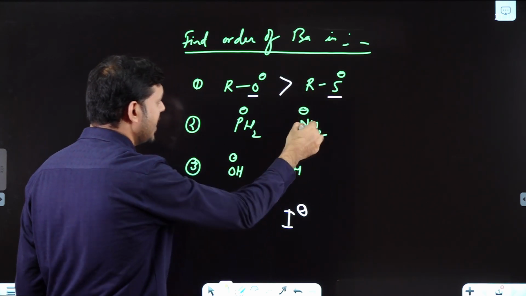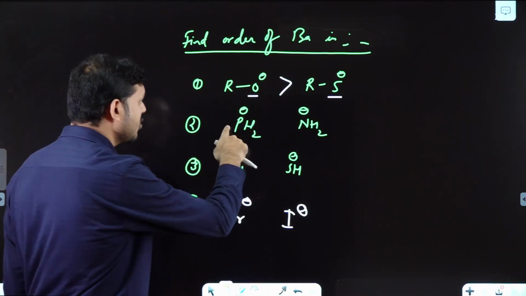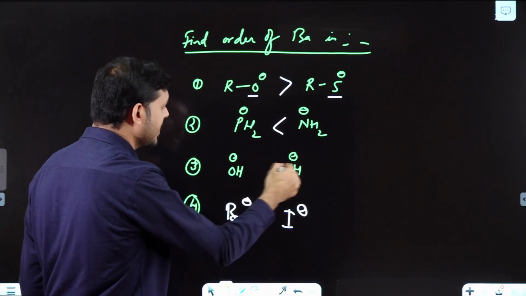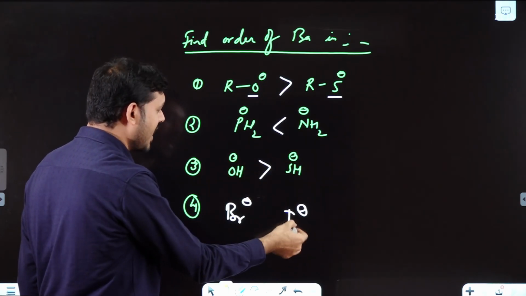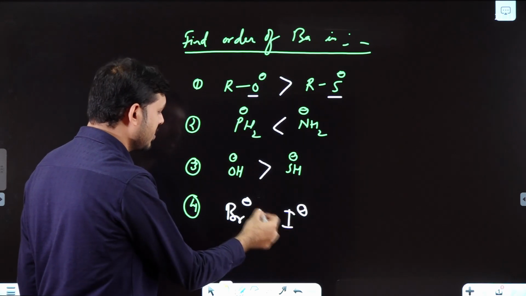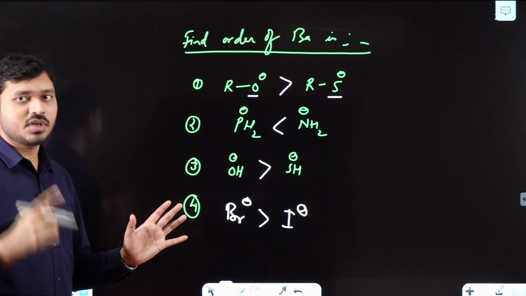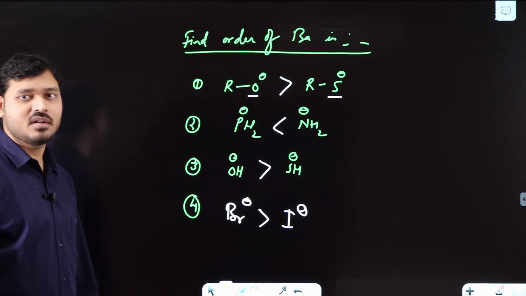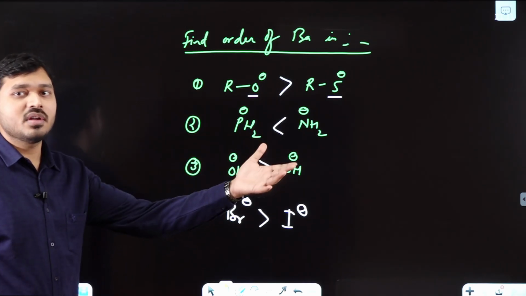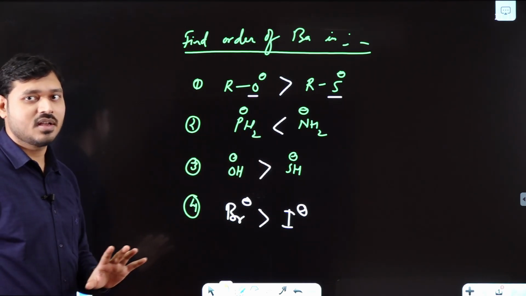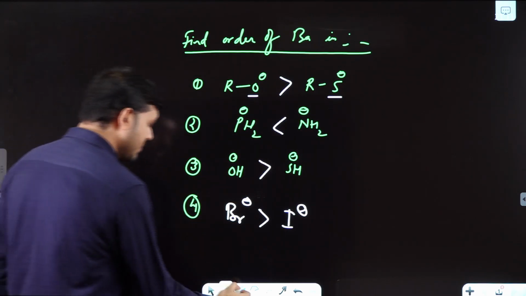Then N and P, nitrogen to phosphorus, up to down. So this is more stable, this is more basic. O minus, S minus, again more stable, so this will be more basic. I minus is bigger in size, so this will be more stable. Clear to you? So basicity is inversely proportional to size. One more factor you can add here: the available electron density for the proton will be decreased due to larger size. Available electron density, I am telling. Okay, so I think clear to you.